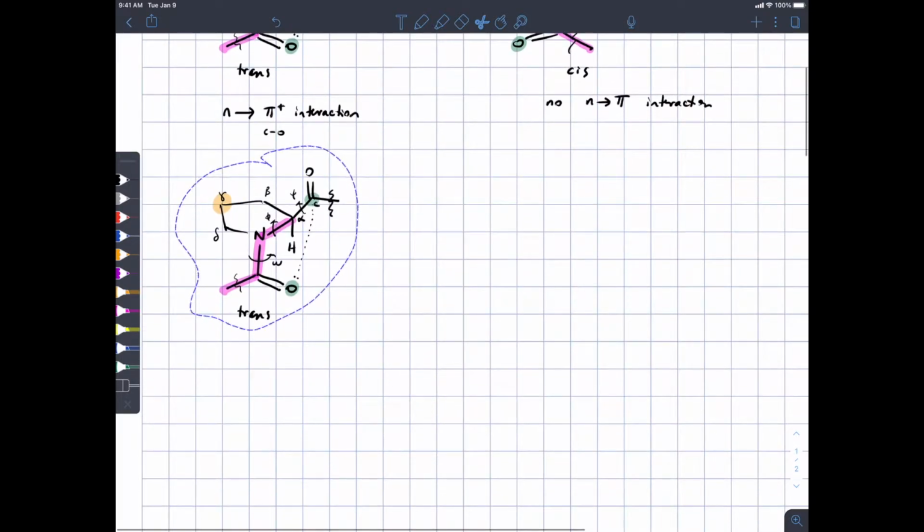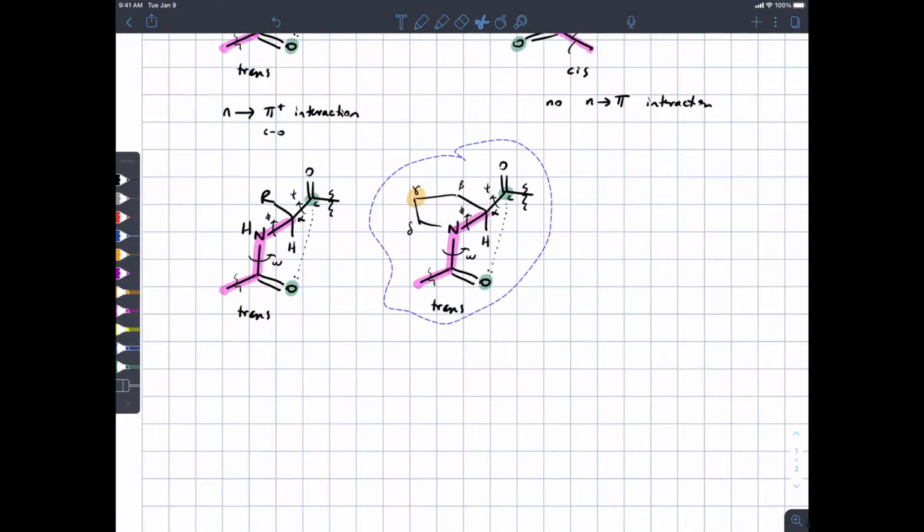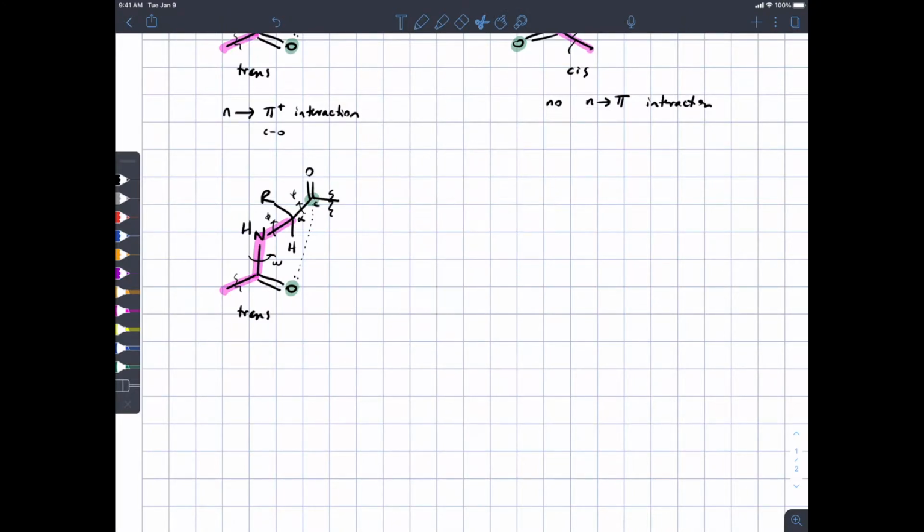I'll just point out, because this difference between cis and trans can be confusing, that in amino acids that are not proline, there is a side chain here and a hydrogen there. So there's a clear difference in sterics between cis and trans, right? In the trans configuration here, the carbon here is opposite to the alpha carbon there.